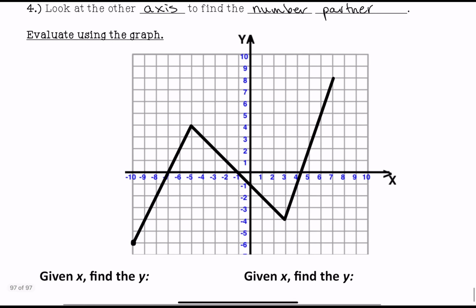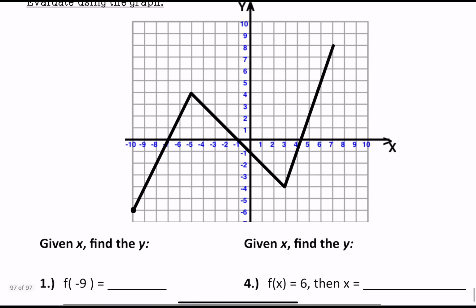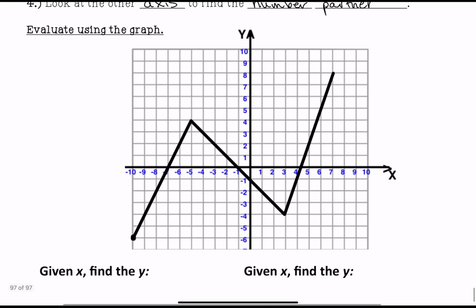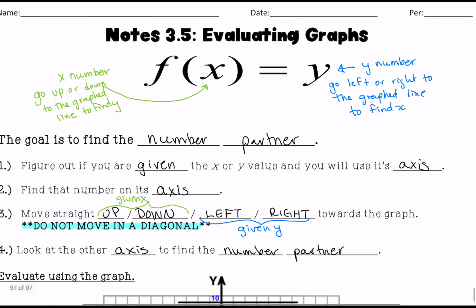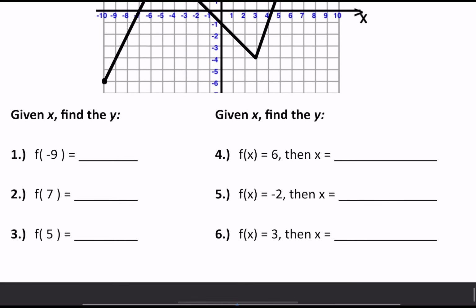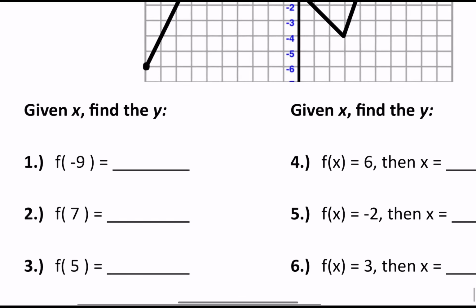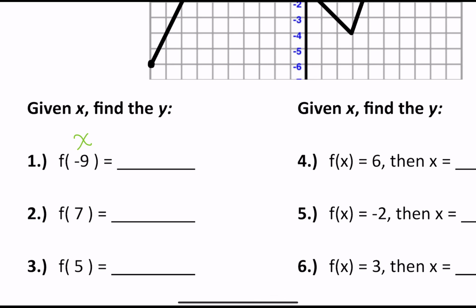So let's look at this graph here. The first thing we're going to do is, if we're given x, find the y. So again, looking at this function notation, the x is inside of the parentheses while the y is on the outside. Looking at this one, -9 is inside the parentheses, so that -9 represents an x.